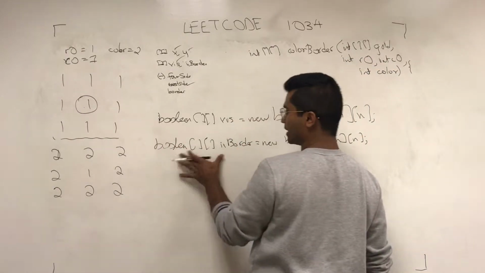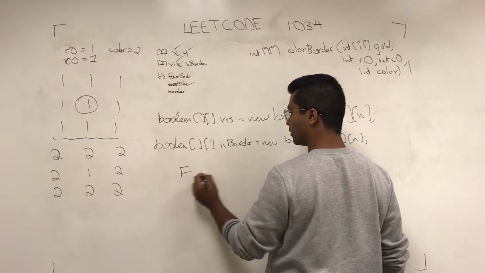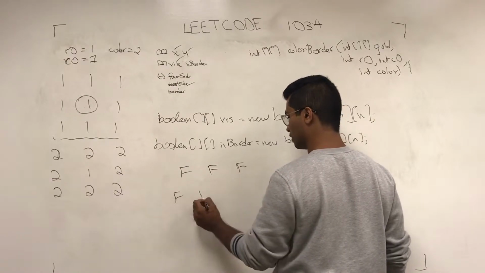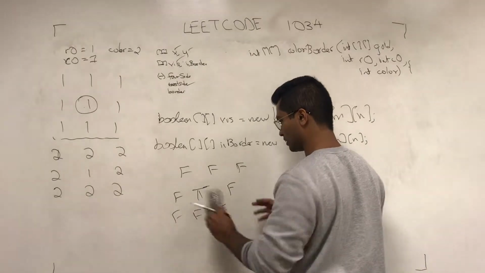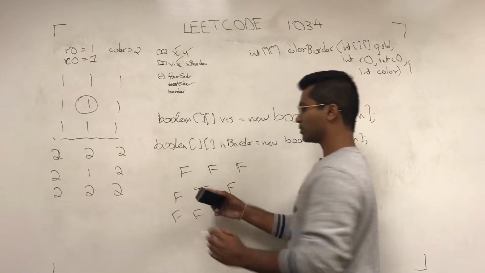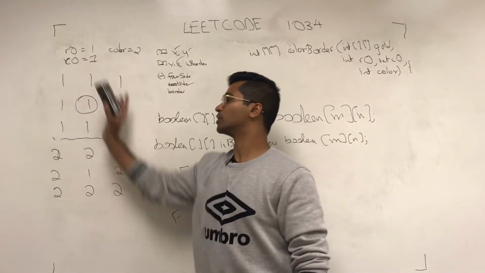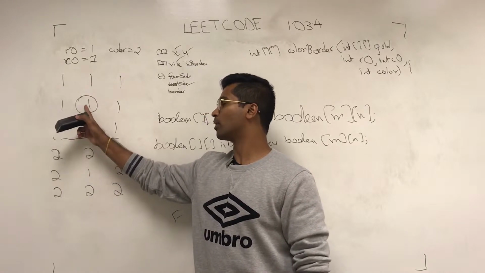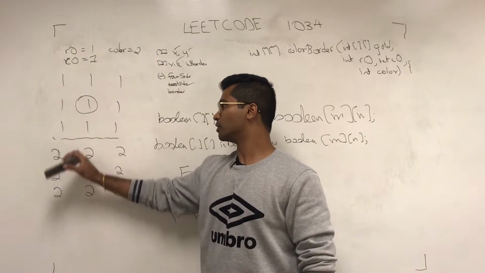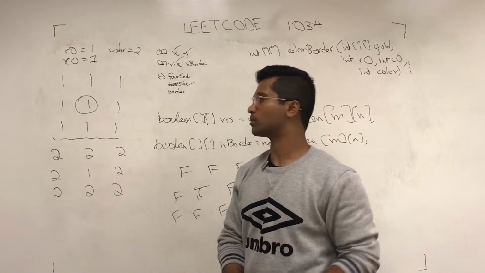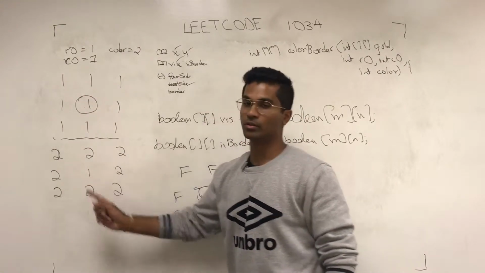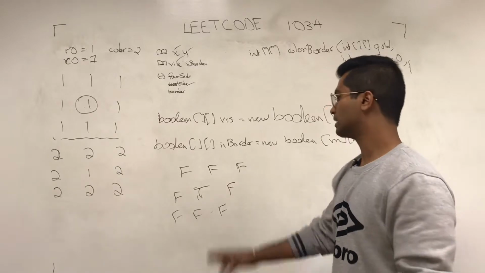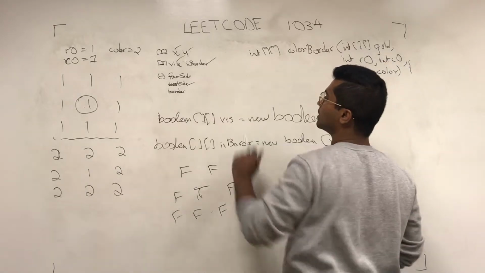So my in border for this question would look like false, false, false, false, true, false, false, false, false. Because I kept track of this true, I know that after I change everything, I'm going to put this one back into a 1 where it belongs. So my DFS pretty much changes everything to a 2, and then it'll undo what it did incorrectly. So my in border is done.